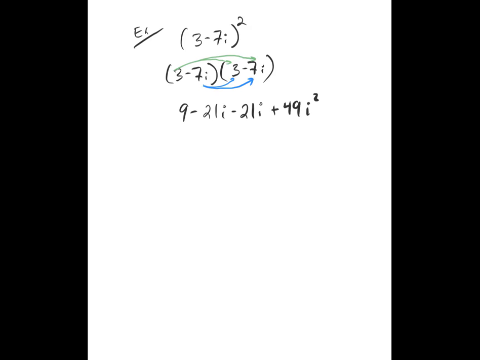Questions? Okay, we can combine these two. These are like terms, and we can also do this i to the power of 2. So now we get 9 minus, what is that, 42i plus 49 times a negative 1.